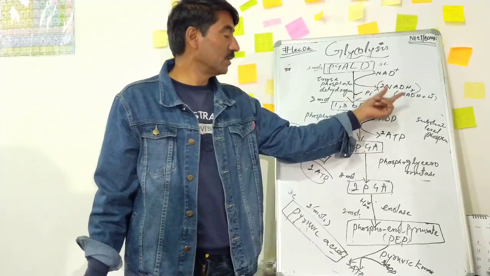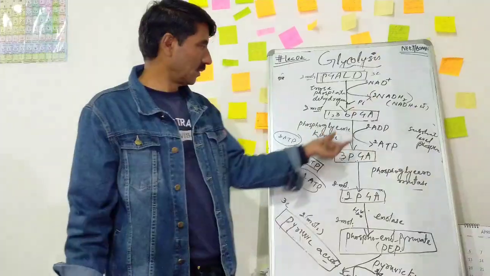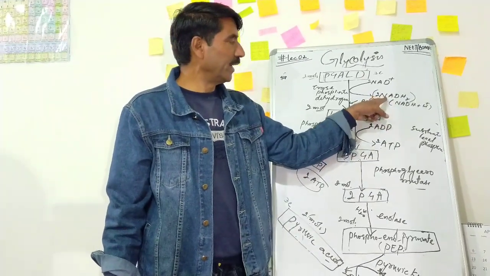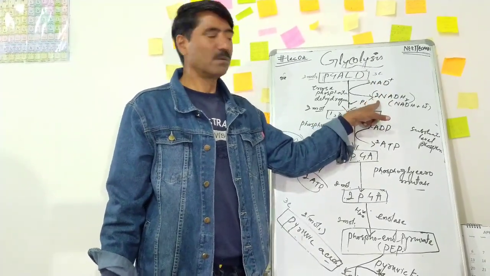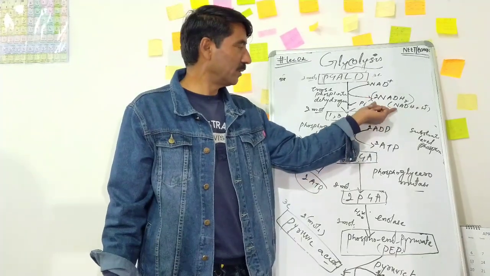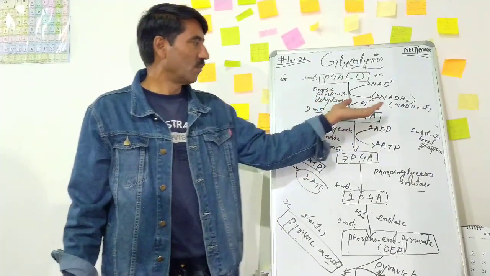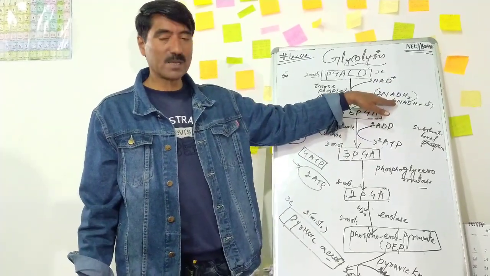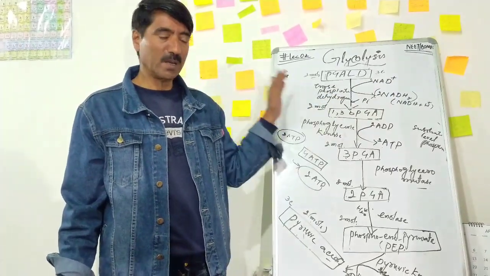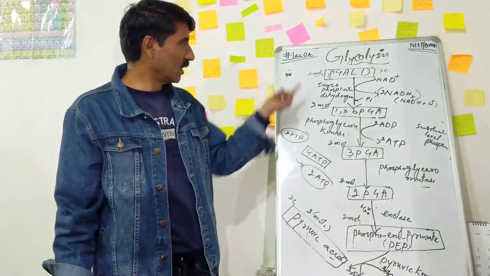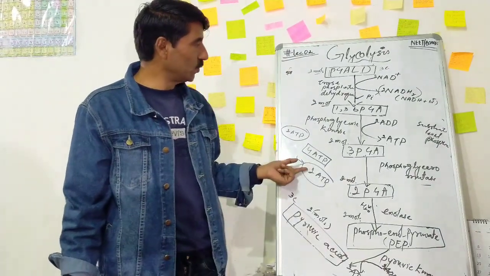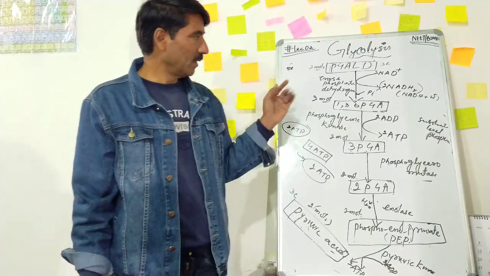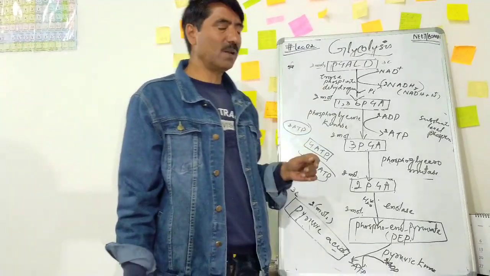The 2 NADH2 molecules generate 2 into 3, that is 6 ATPs. So in aerobic respiration, glycolysis would yield 2 plus 6, that is 8 ATPs. This was regarding glycolysis.